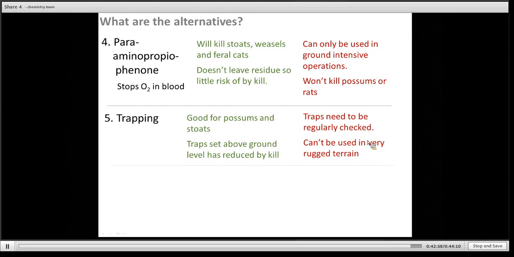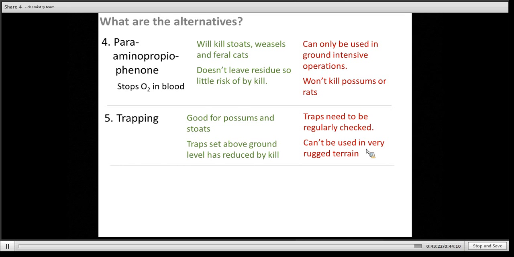The issue is, though, the traps have to be checked regularly, and you have to be able to access the rugged terrain, which is not really possible in the very rugged terrain. So if you don't trap the whole area, it means there are areas where possums can breed and then move out and kill the birds all the time, so it's not a final solution.